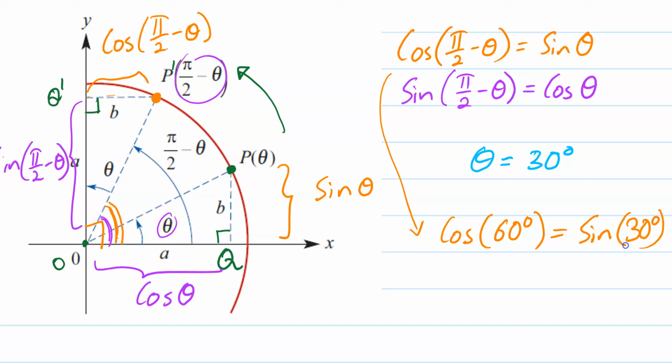So what does this mean? If I am on the unit circle, the height at 30 degrees is exactly the same as the length at 60 degrees. If you get a point which has 30 degrees subtended at the center, as well as 60, there's another point where the length here is exactly the same as the height there.